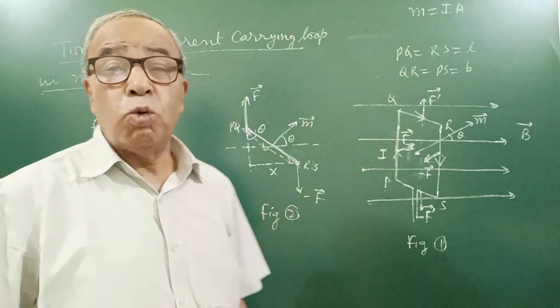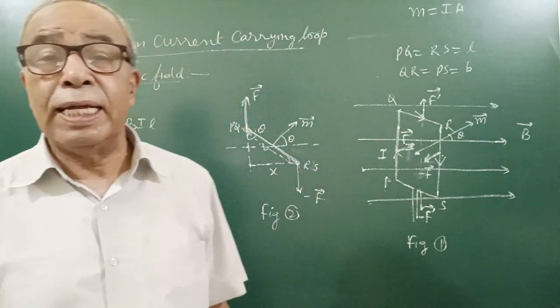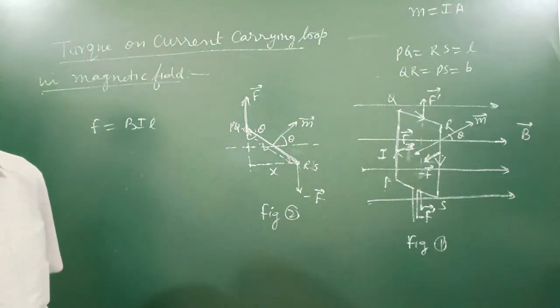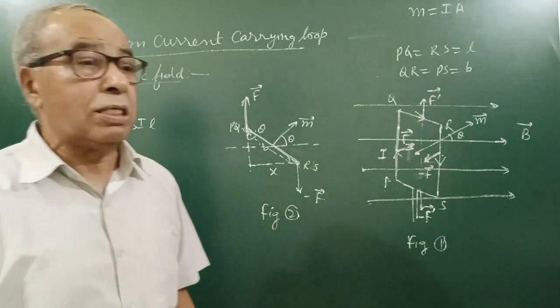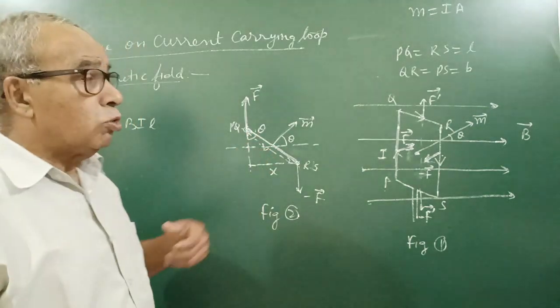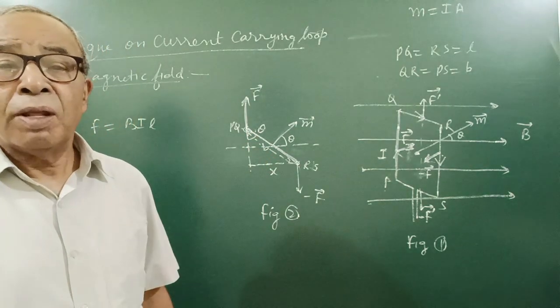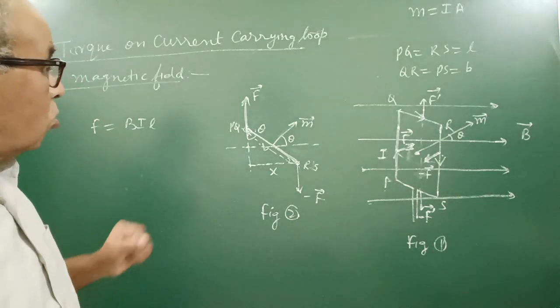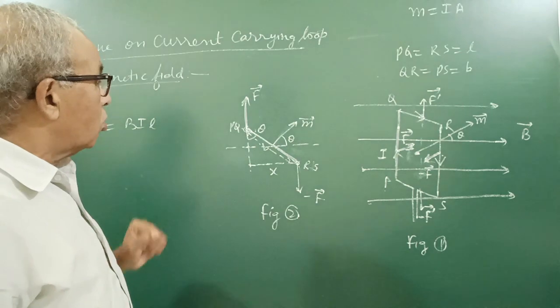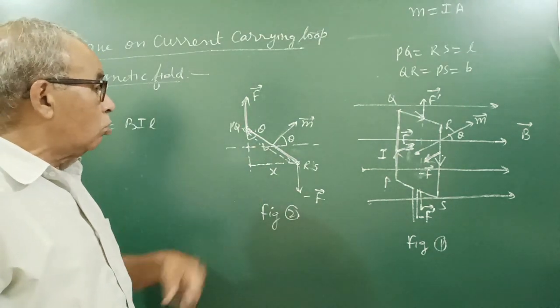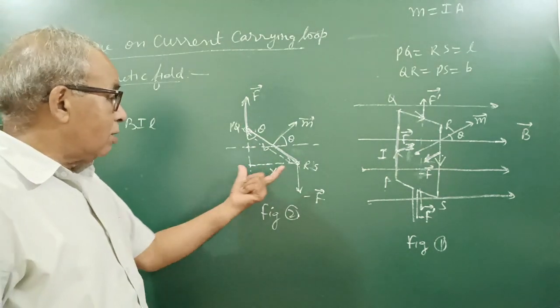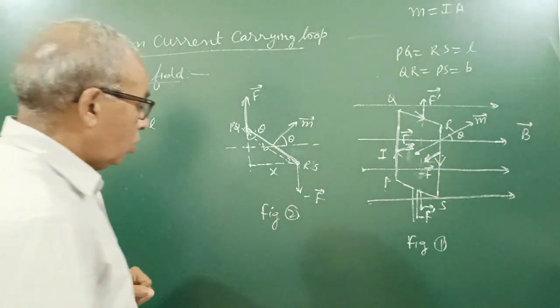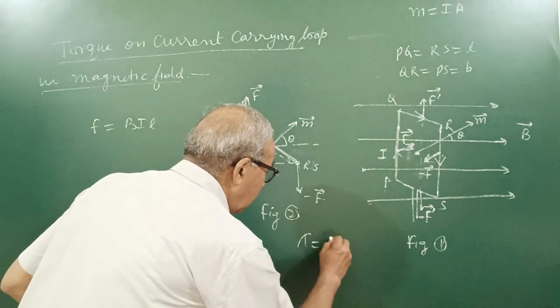And you know, when two equal and opposite forces act on a body along different lines of action in opposite direction, they produce a torque, and magnitude of torque is equal to the product of magnitude of one force and perpendicular distance between their lines of action. So here that torque will be X into L.